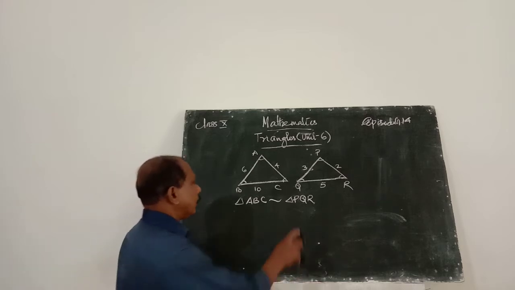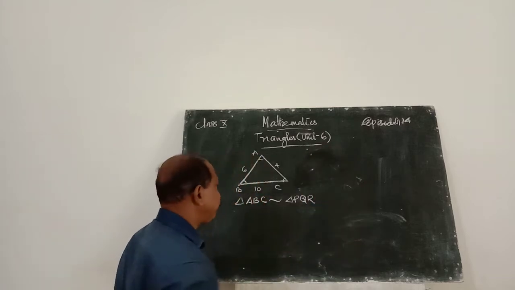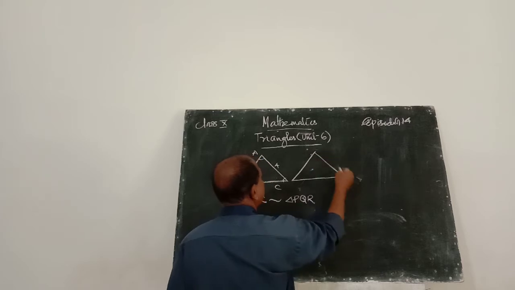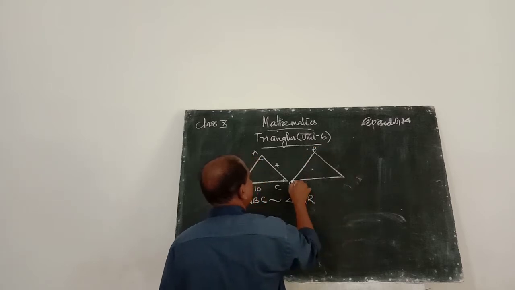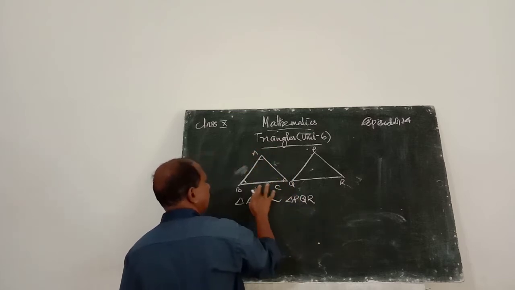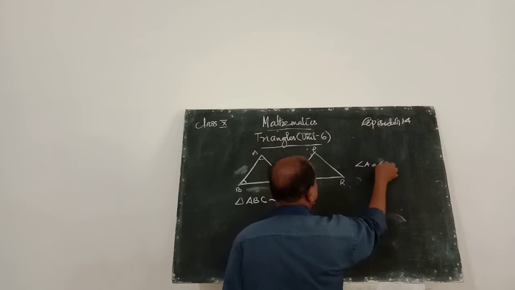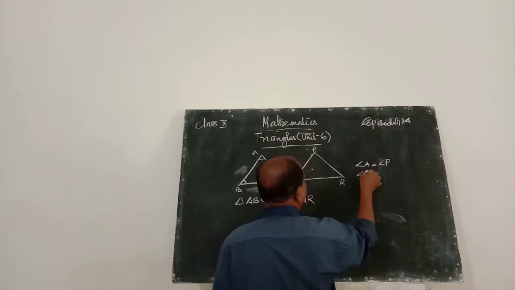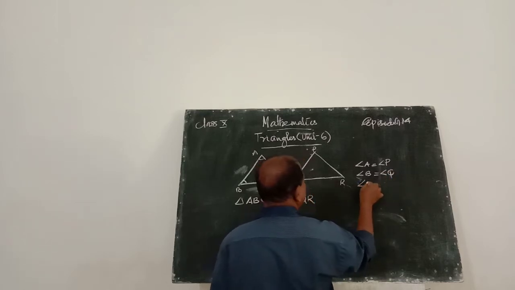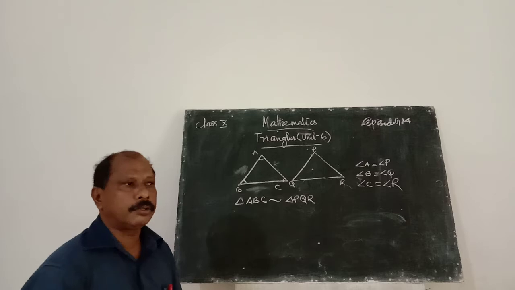Then take the other triangle PQR. We know that angle A is equal to angle P, angle B is equal to angle Q, and angle C is equal to angle R. That means all three angles are equal, therefore they are similar.